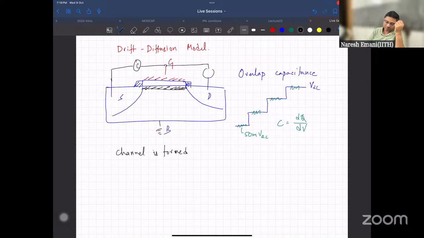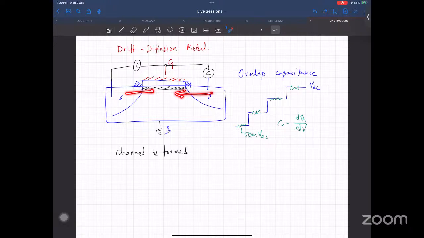You don't have to worry about it right now, but since you asked, I'm talking about this. If you have a capacitance meter and you're changing something on the gate, say you're introducing some plus delta Q here, the corresponding minus delta Q comes from this side and this side, both equally. Correct?